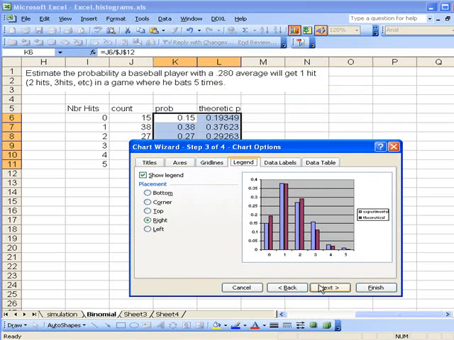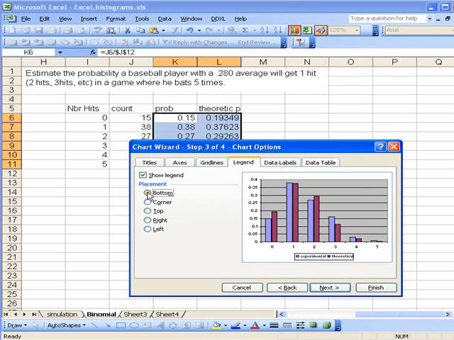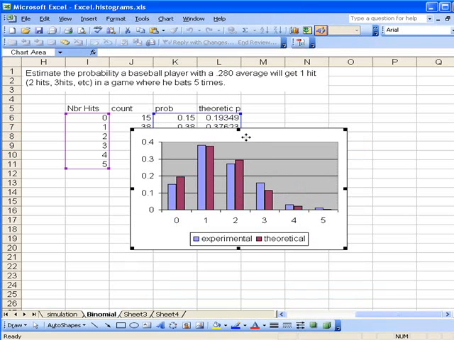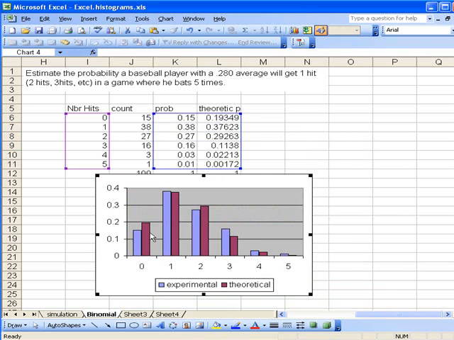All right, that looks okay. Now, we've got those labels on the right-hand side. It probably would be a little nicer to have them across the bottom. Okay, that looks good. Now we'll just finish that. And there's our histogram for these two data sets.